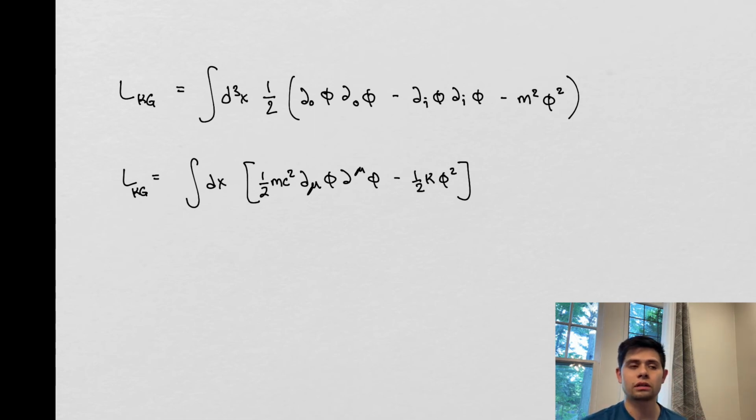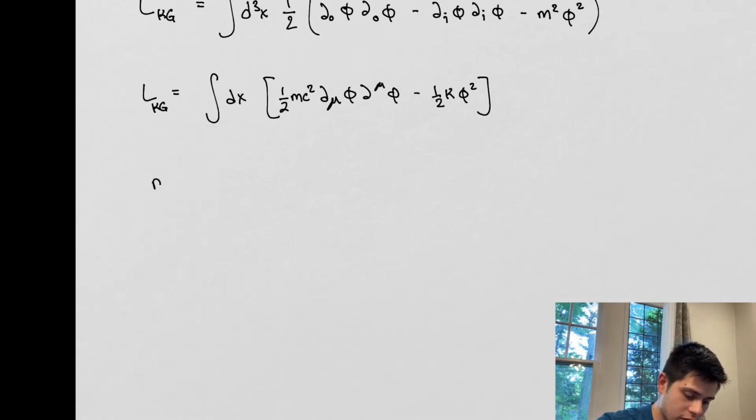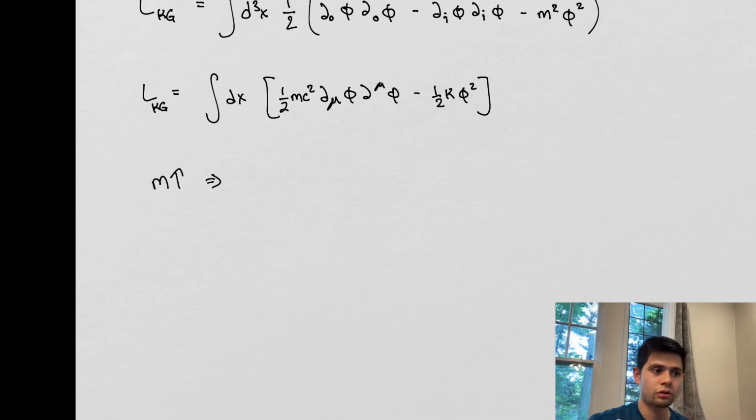Well, it tells us about how stretchy the spring is, right? So if the mass of the particle that we're considering increases, that would lead to a more difficult means to excite the scalar.